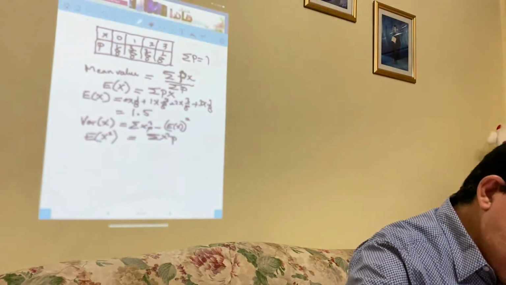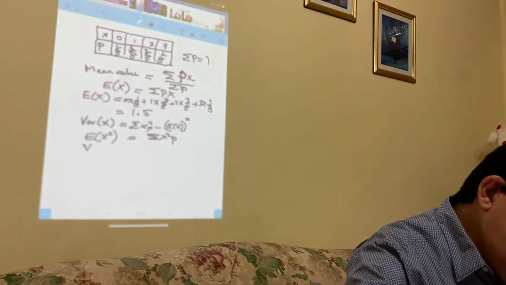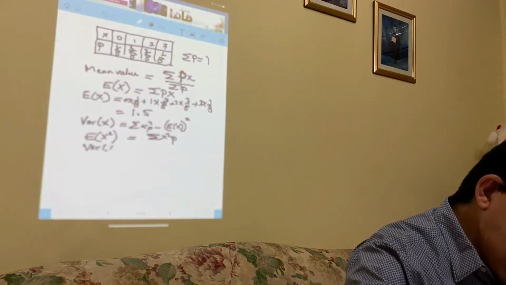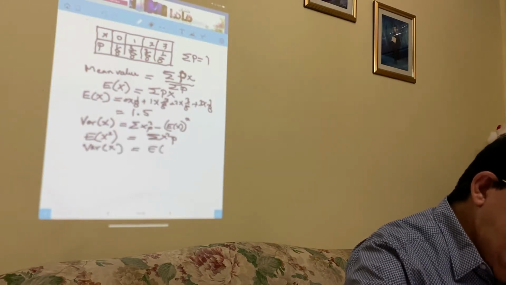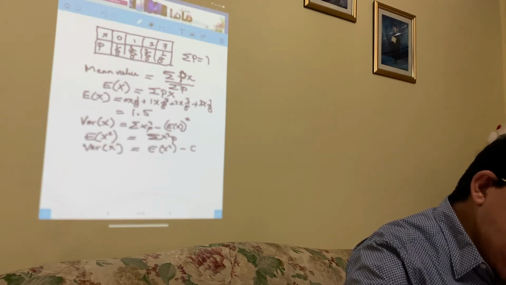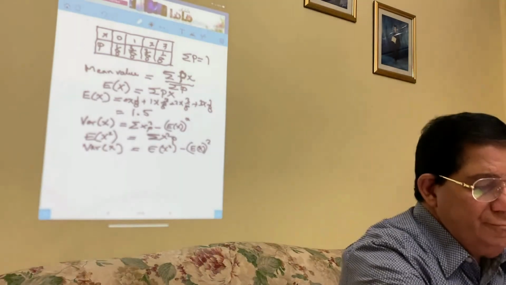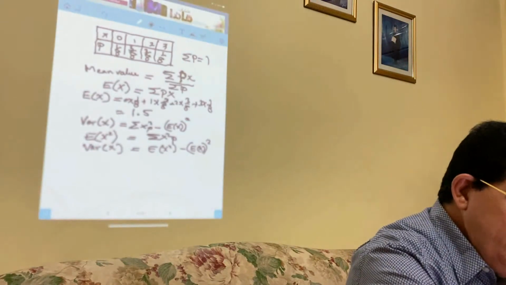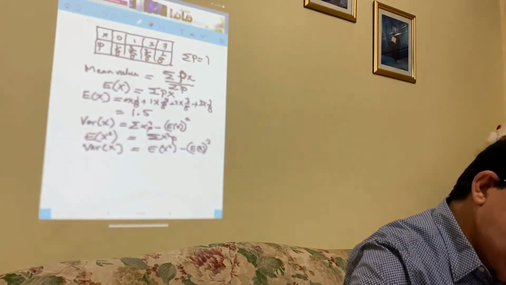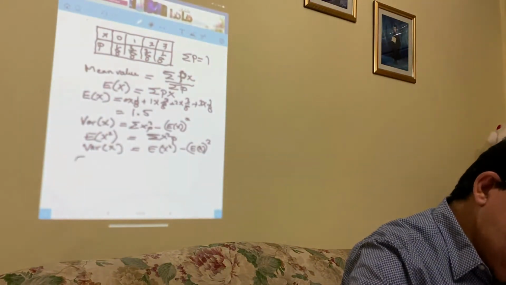And therefore, the variance of x is the expectation of x squared minus the expectation of x all squared. In this problem, we get the expectation of x squared.